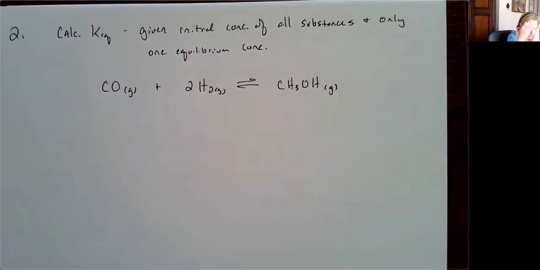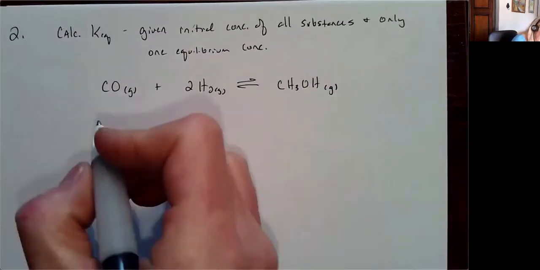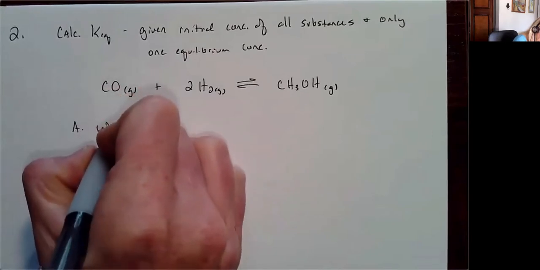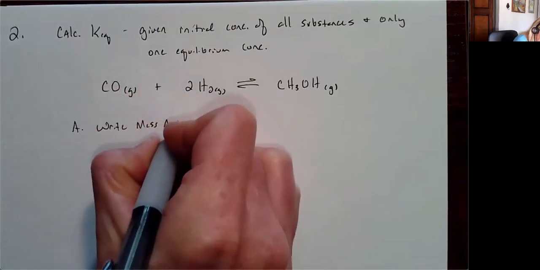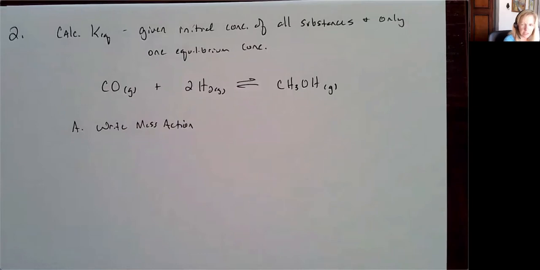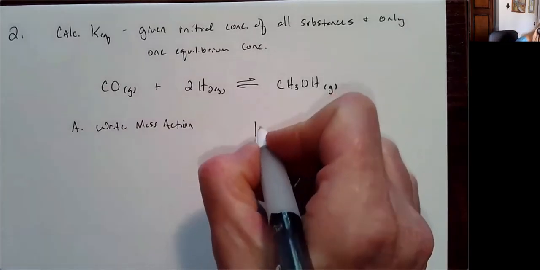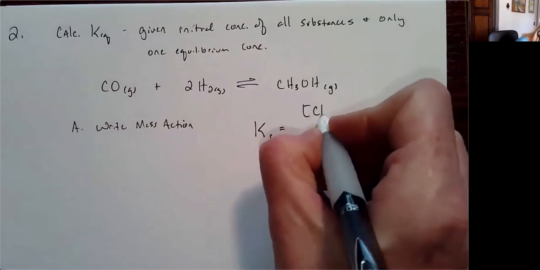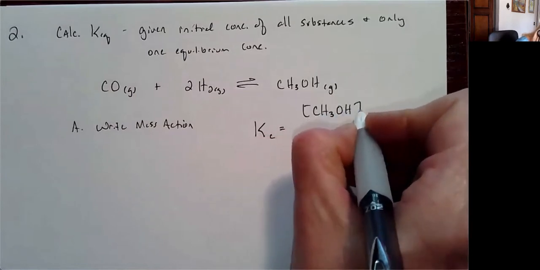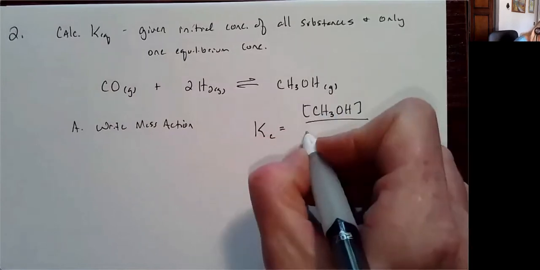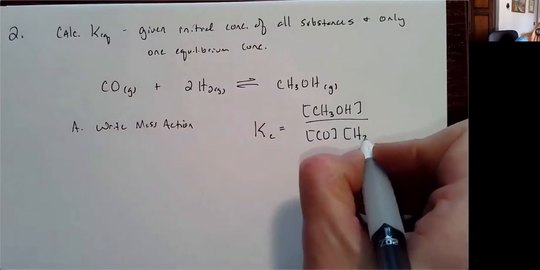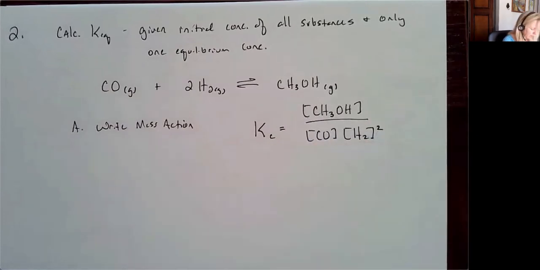So that's my equilibrium reaction. My first step is I'm always going to write my mass action. It's just a good habit to get into when you're starting out. So always just write out your mass action. So my mass action here would be K is equal to CH3OH to the first power over CO and H2 squared. So that's my law of mass action.